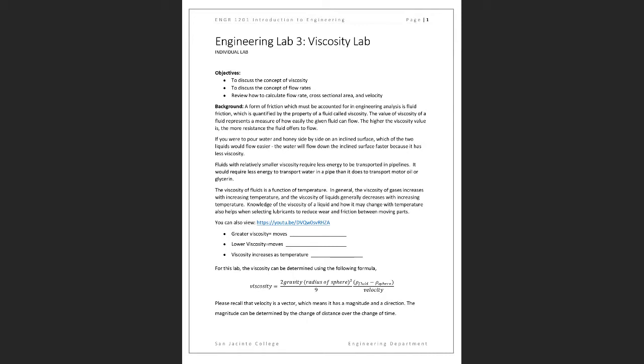It'll be 2 times the gravity, times the radius of the sphere squared, times rho fluid minus rho sphere. And remember rho is density. And you're dividing it by 9 times the velocity.